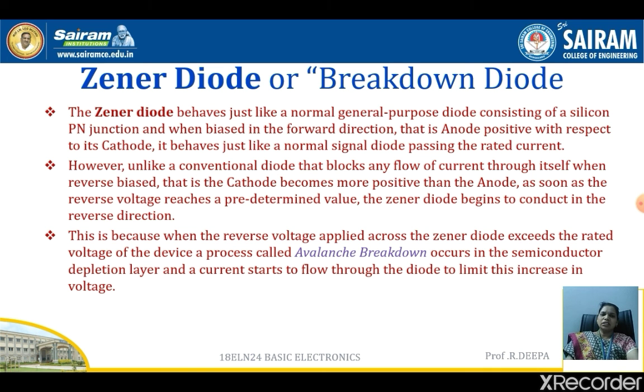What is avalanche breakdown? It is nothing but when the diode is operated in the reverse bias region and the reverse voltage exceeds the rated voltage of the device, a process called avalanche breakdown occurs, thereby creating more charge carriers, so a major current flows across the diode, and this current can be limited by using a resistor in series with it.